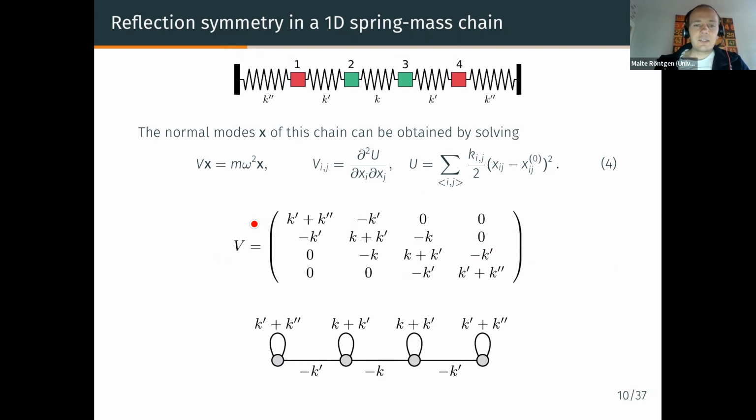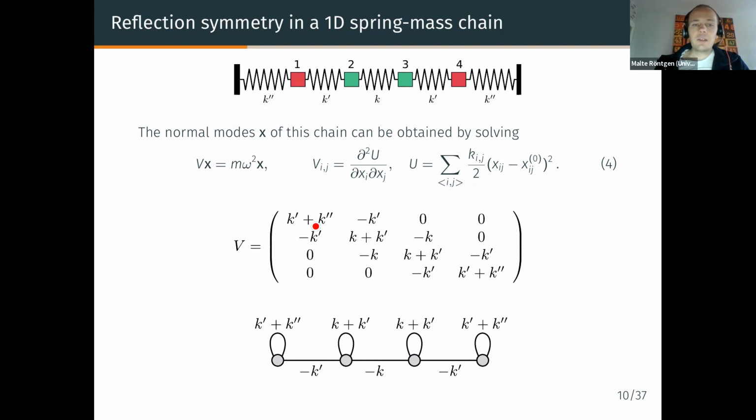To get things more pictorial, let's write down this stiffness or Hessian matrix for this particular setup. What you can see is that we have some on-site potentials, or diagonal elements. These come from each mass. They are the sum of the attached spring constants. So mass 1 is connected to 2 springs, one of constant k prime and the other one k double prime.